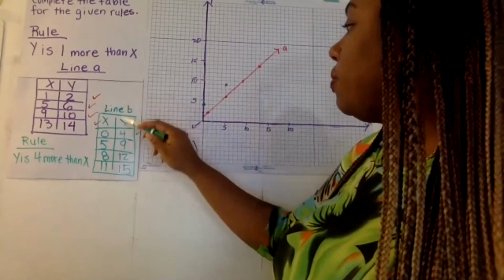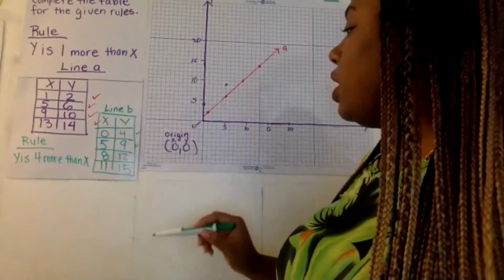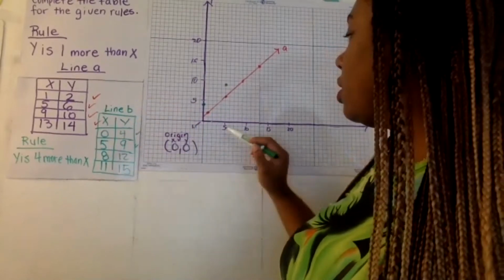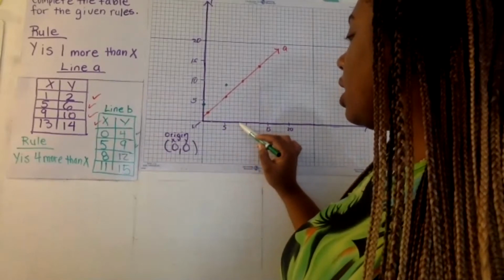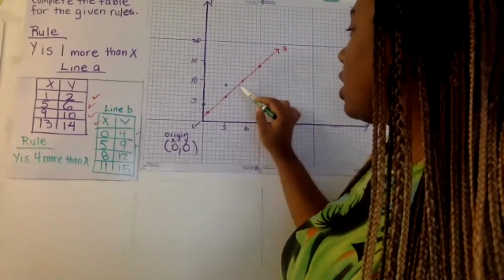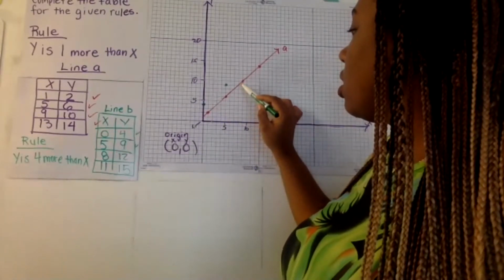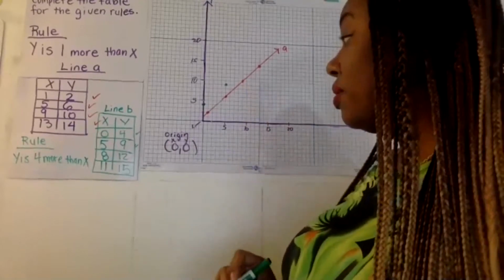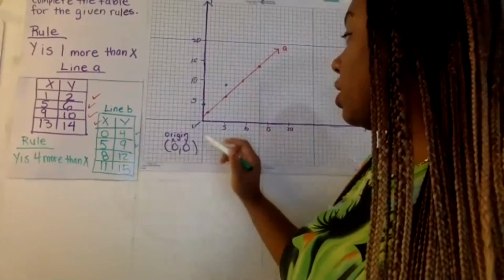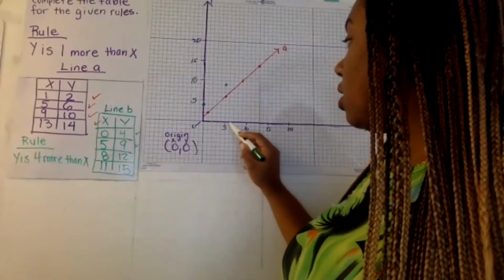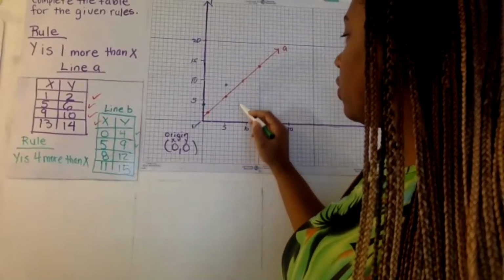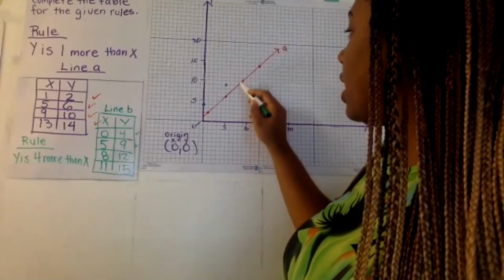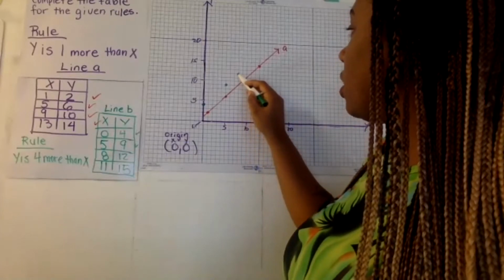For the next point, 8, 12, we go across to 8 and go up 12. Across to 8, 6, 7, 8, and go up 12. 1, 2, 3, 4, 5, 6, 7, 8, 9, 10, 11, 12.